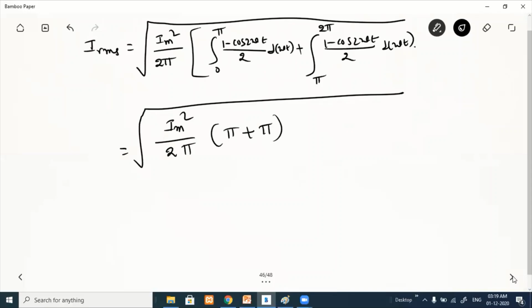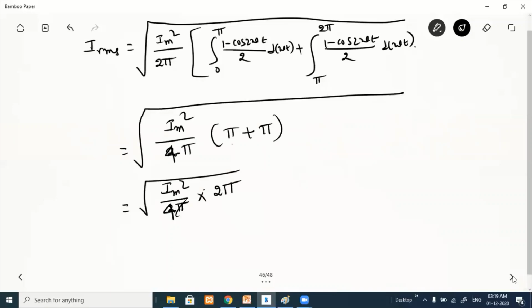So square root of Im square by 2 pi into, here we are getting a 2 and 1 by 2, then it becomes 4, so it is 4 into 2 pi.